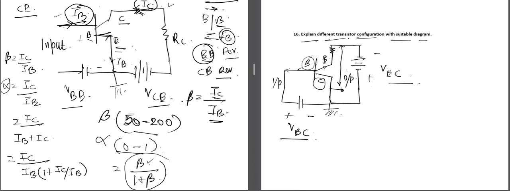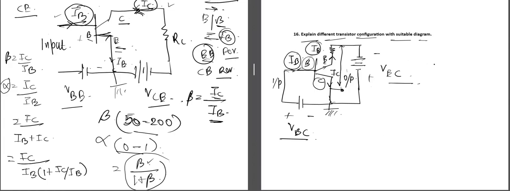Similarly here, the emitter junction is forward biased and the collector junction is reverse biased, and the flow of current is controlled in the same manner. Here we can see that this is the base current, this is the emitter current and this is the collector current. So the input current here is IB and the output current here is IE.